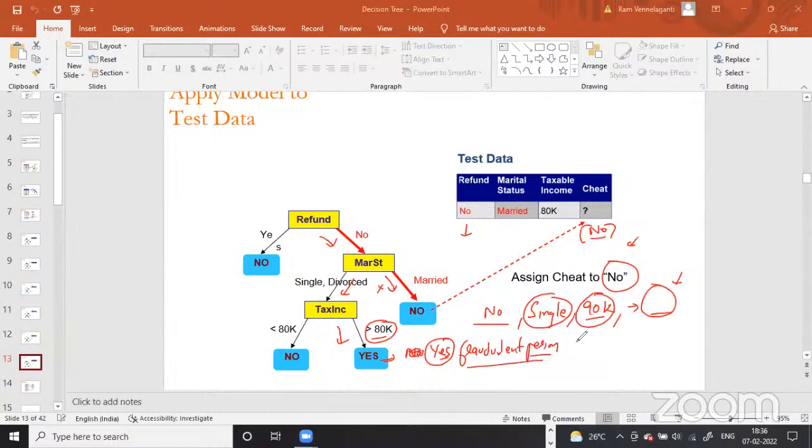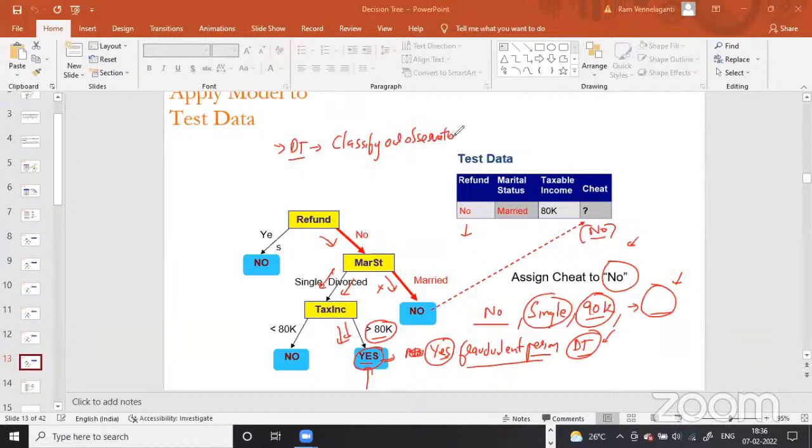So you have to follow the decision tree. Income tax refund is no, that person is single, and taxable income is more than $90,000, or more than $80,000. Therefore, that person is going to be called a fraudulent person for us. So this is how, using your decision tree, you are going to classify your observations.